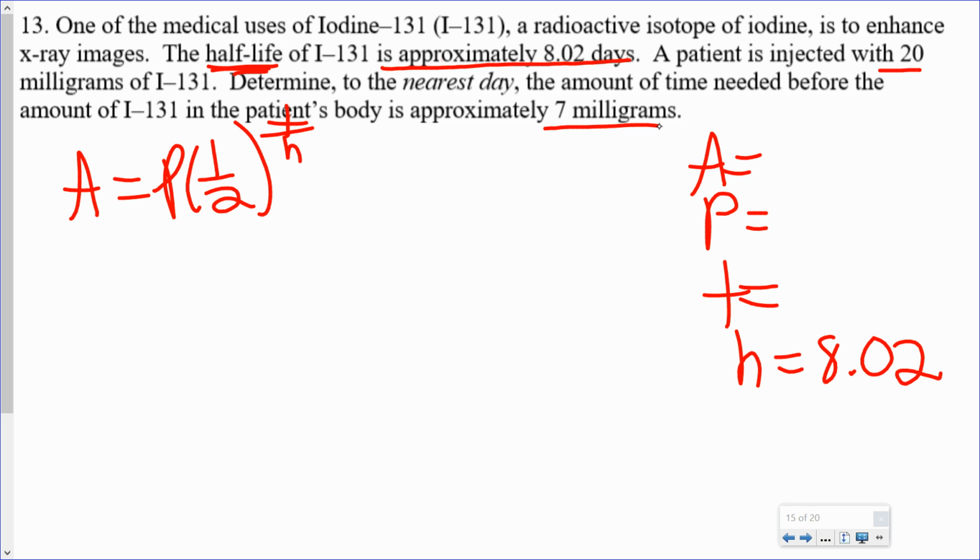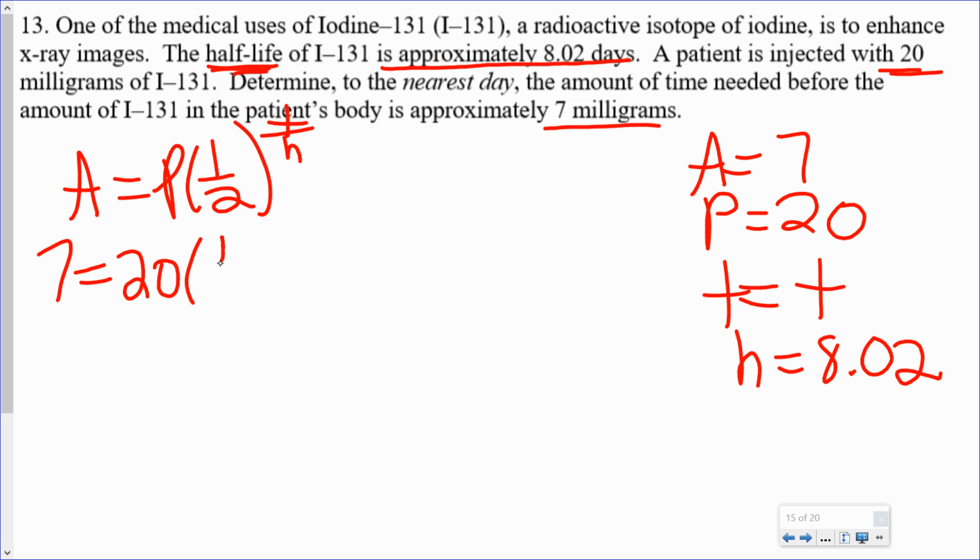Which is the initial amount put into this guy's body? 20. 20 is P. That's the initial amount injected, and then after time passes, there's going to be 7 milligrams left. It's asking for T. So 7 equals 20 times 1/2 to the power of T over 8.02. Now it's my job to solve it.